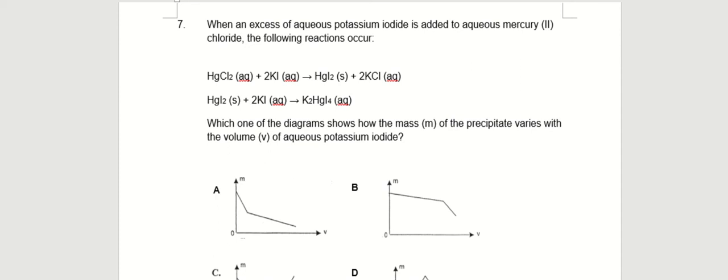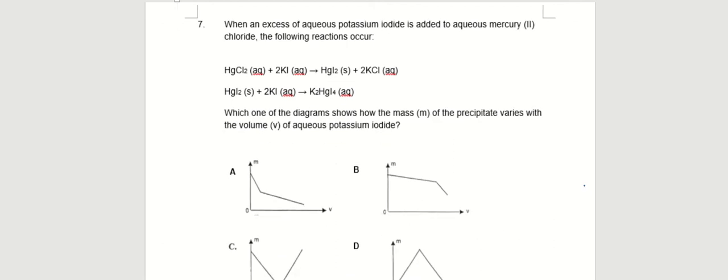Question number 7. When an excess of aqueous potassium iodide is added to mercury chloride, the following reactions occur. Mercury chloride reacts with potassium iodide to give mercury iodide and potassium chloride, and then there's a further reaction of mercury iodide and potassium iodide to give this new complex compound.